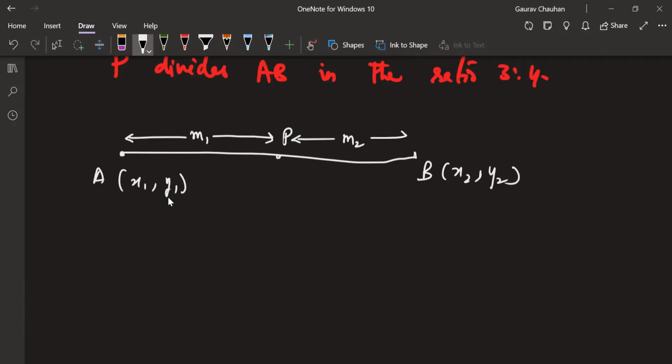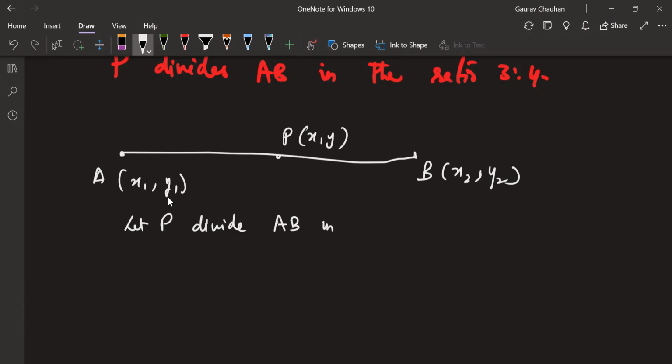So I'm taking this as M1 and this as M2. The distance is not M1 M2, the ratio is M1:M2. Are you understanding me? So I'll not write it like this. Instead, let's take P as x comma y. Let P divide AB in the ratio M1:M2. You are understanding why I'm not saying this is M1.